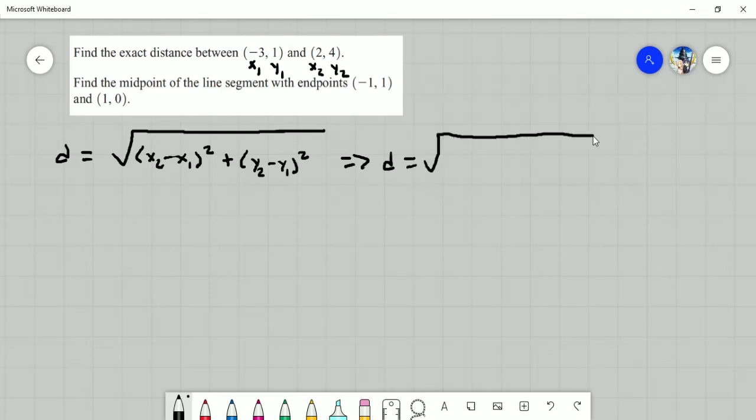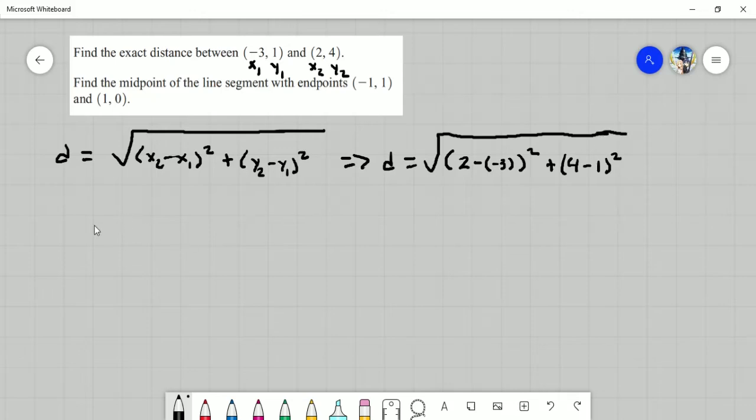The distance of these 2 points is the square root of x2, so that's 2, minus x1, which is negative 3, so I have 2 minus negative 3 squared, plus y2, which is 4, minus y1, which is 1, squared.